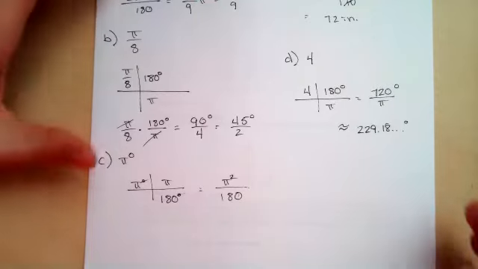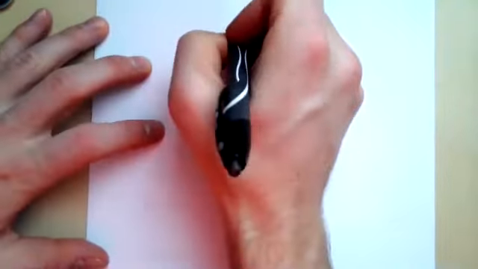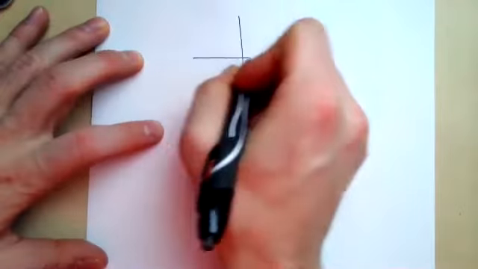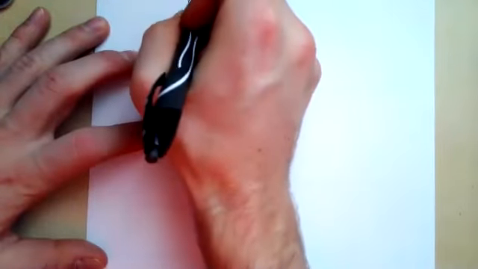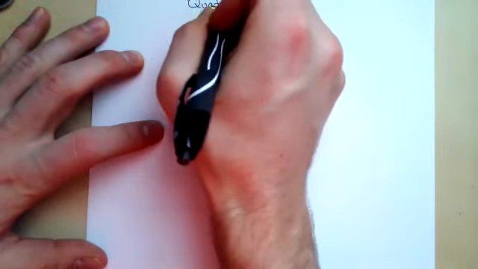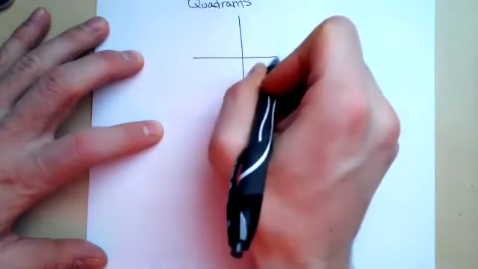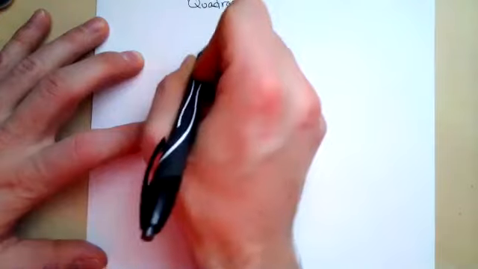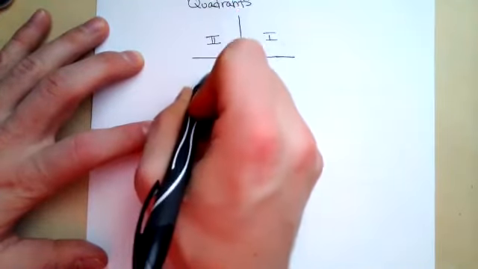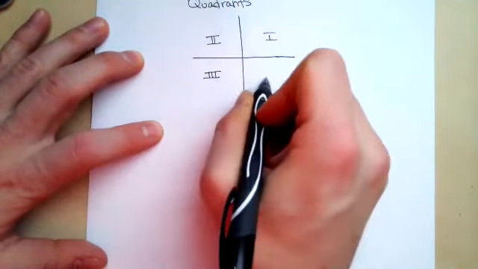I guess one thing we do want to mention as well, I think most people understand this, but we want to define our quadrants when we measure angle. We'll be using these quite a bit once we get into our trig functions. So it just goes counterclockwise, 1, 2, 3, and 4.